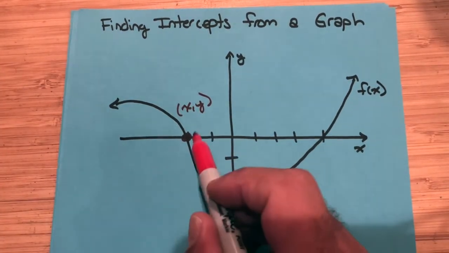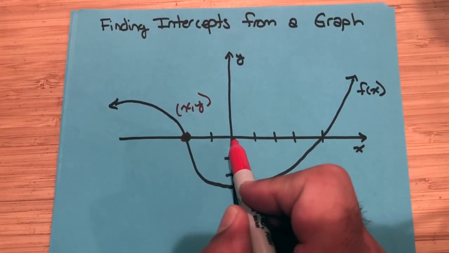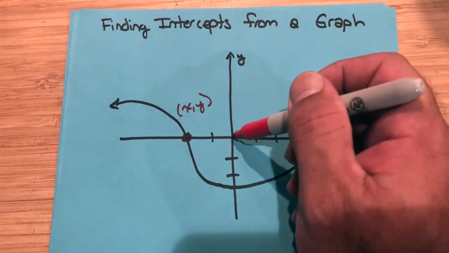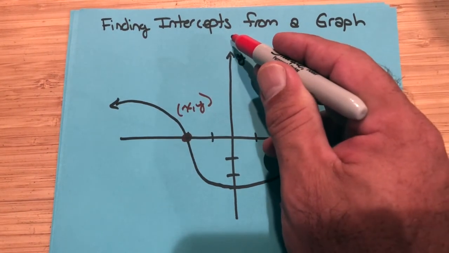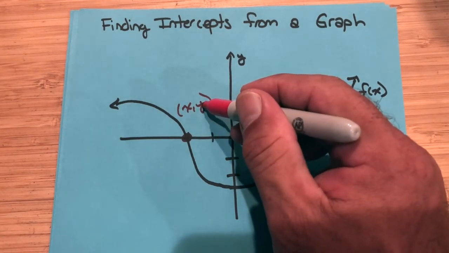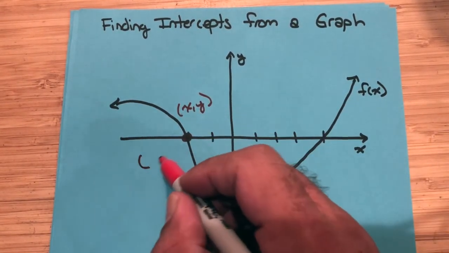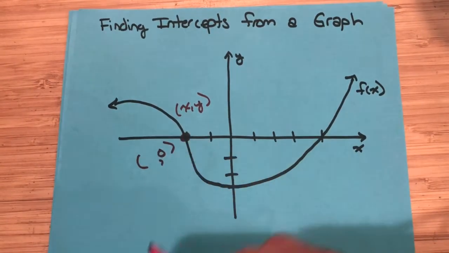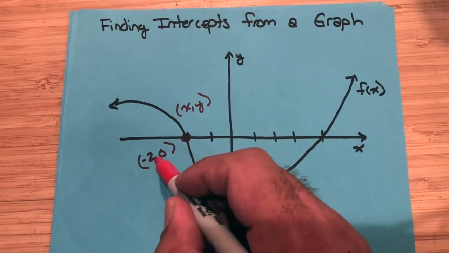What is the y value at this point? Well, since the y-axis starts at 0 and goes to positive infinity, 0 to negative infinity, the y value here is simply 0. We just count for the x value, which is negative 2.